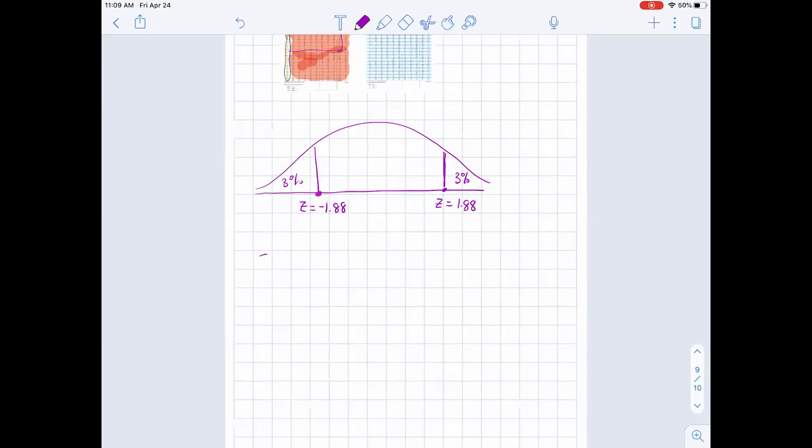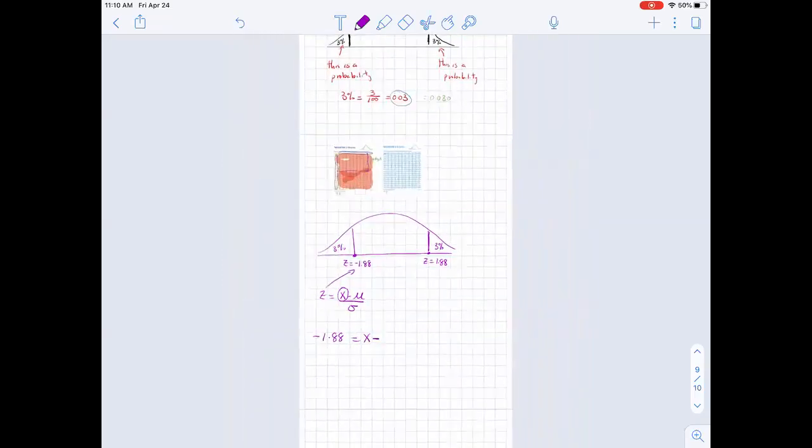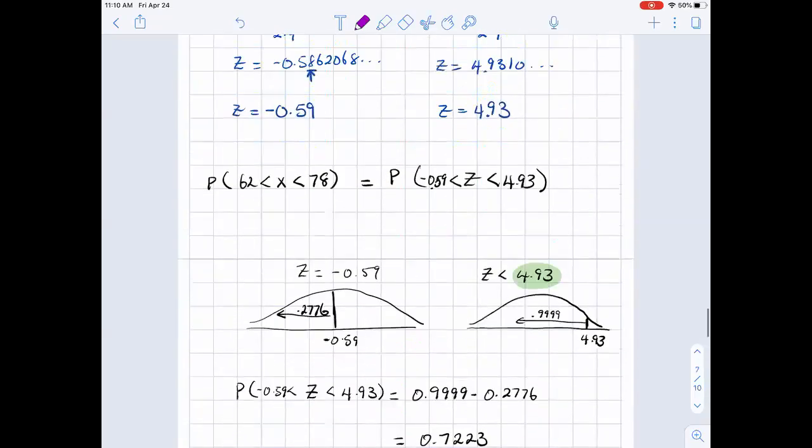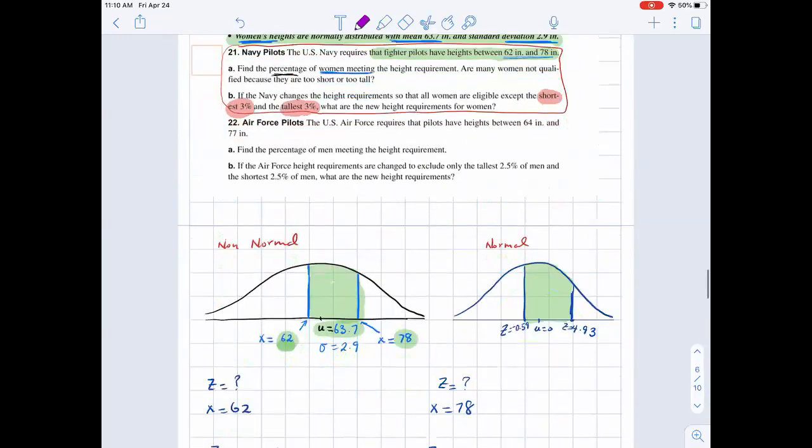Remember, we know that Z is equal to X minus mu over sigma. Now we have Z, we want to find X. So negative 1.88 is equal to X minus, what was mu in this example? We have to look and see if they're talking about women or men.